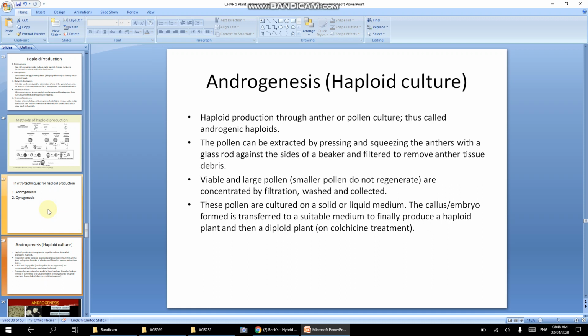Eventually it produces a haploid plant, and they will treat it with colchicine in order to produce a diploid plant. If you think about it, it shouldn't survive in the first place, but because they treat it with colchicine, if let's say the genetic material is big T, you will have a homogeneous gene or homogeneous allele.